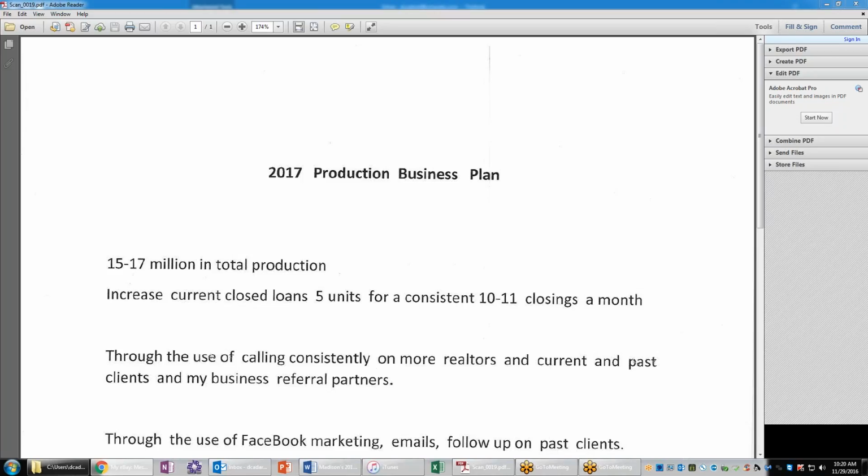That's 30% of my current clients referring me to people they care about. I think I can do that. My past clients, if I come up with a strategy, whether it's a newsletter or a phone campaign, I'm going to target generating 5 loans a month out of my database. I don't think that's unrealistic with a database of 2,000 people.